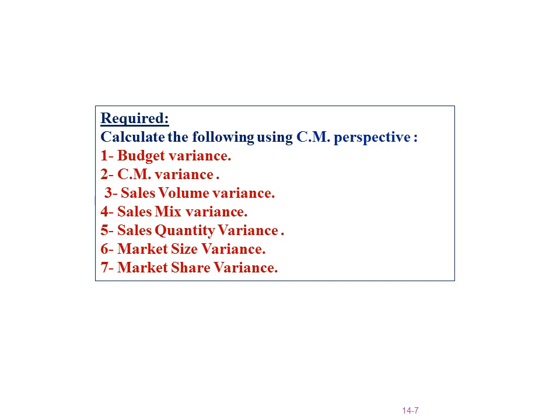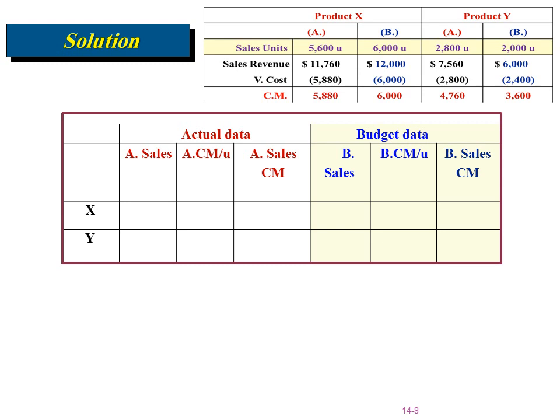Do you remember the first step? Again, the first step to analyze cost or sales, you have to calculate your amounts. You have to prepare the table. Again, this is my table for contribution margin.